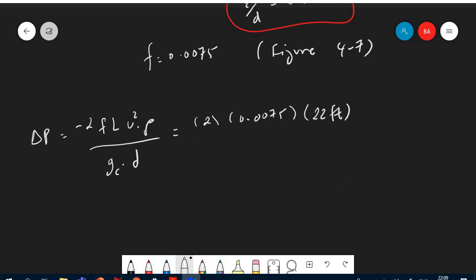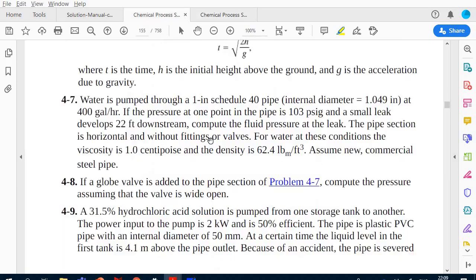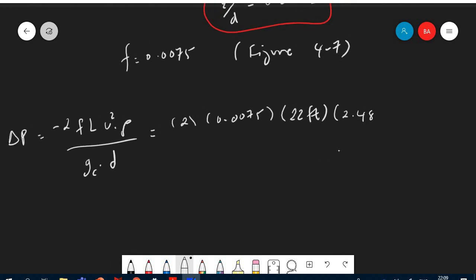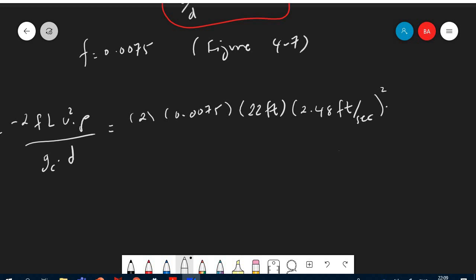If you can recall, the question was saying 22 feet downstream where you have that hole, into 2.48, the velocity we already calculated, U square, into rho. The density is 62.4 pound mass per feet cube, and that is divided by, let me write this 62.4 more beautifully.